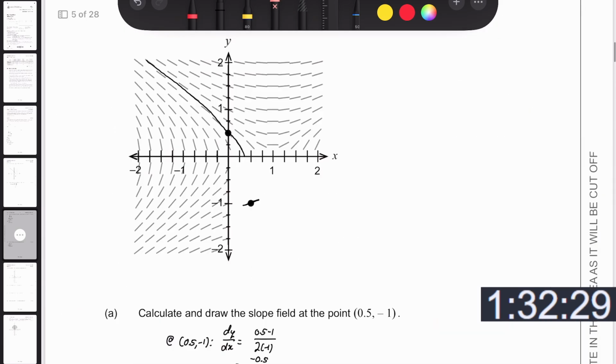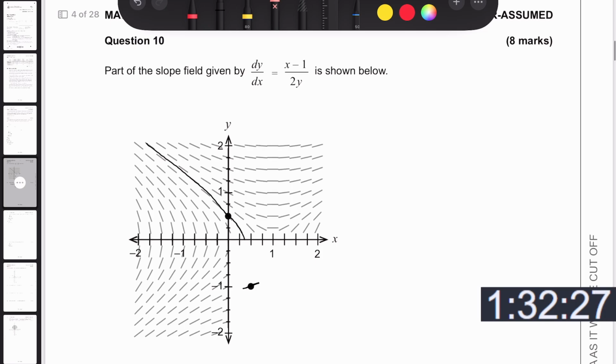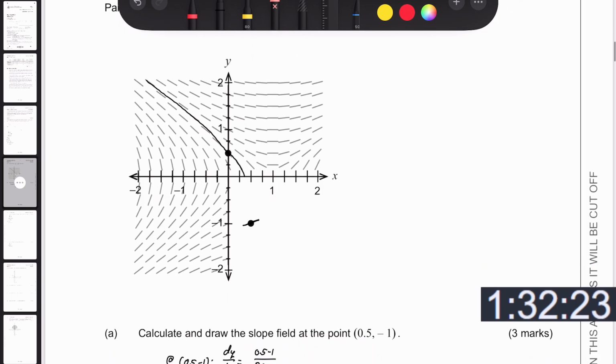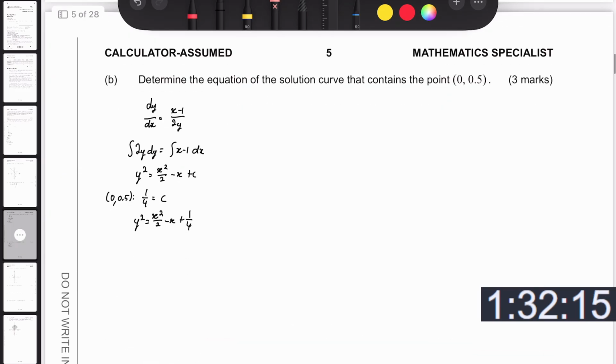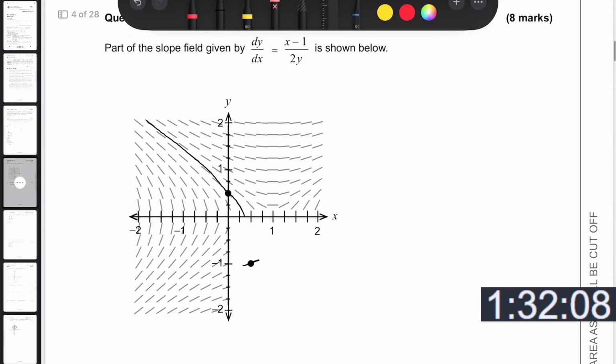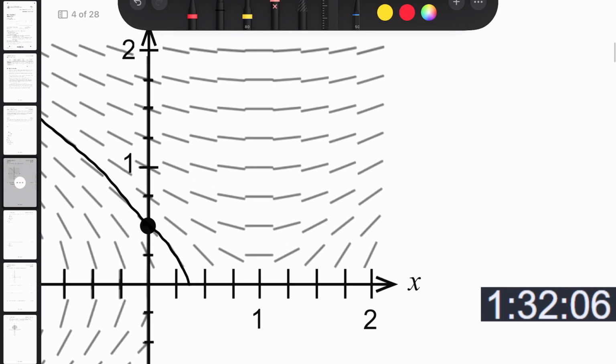Solution curve that contains the point. Okay. Do I include this bit up here, where it's 1.7?